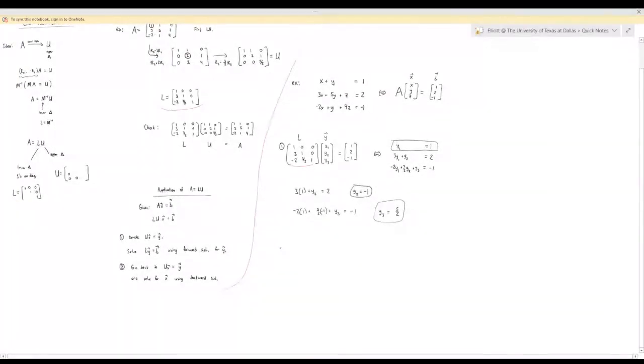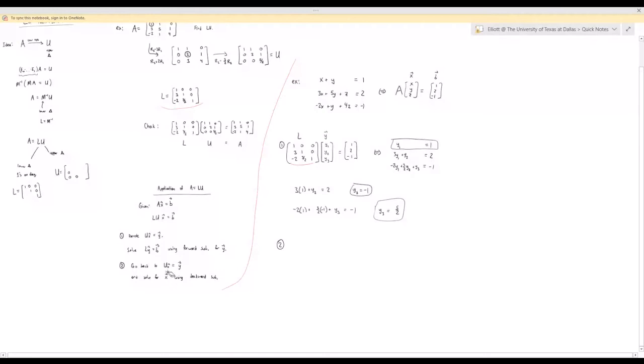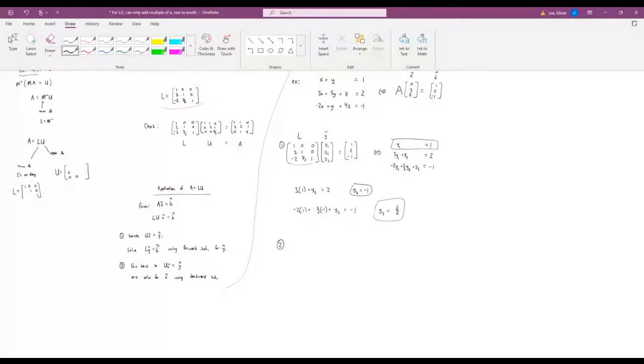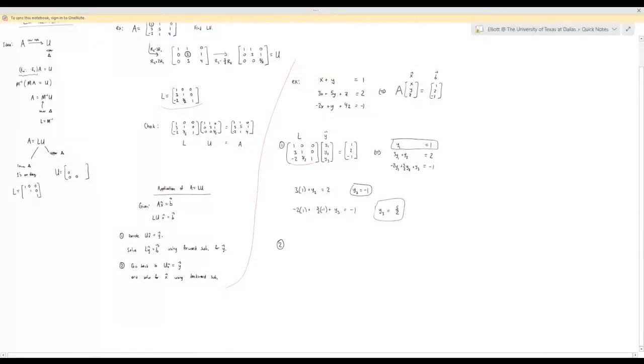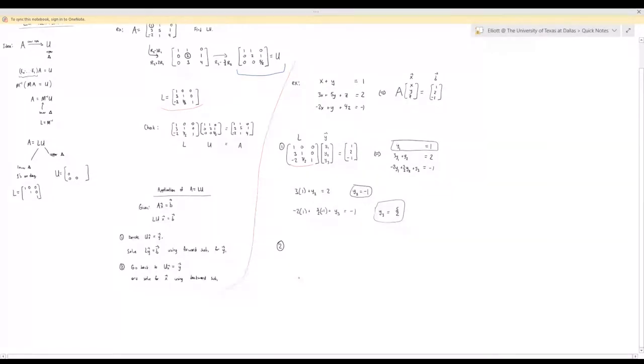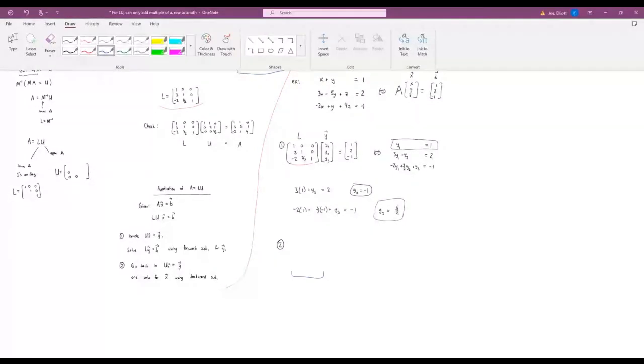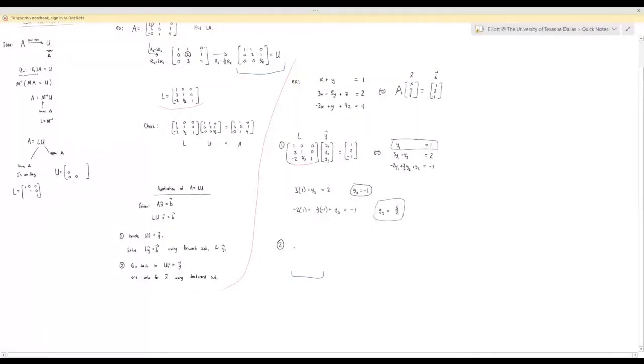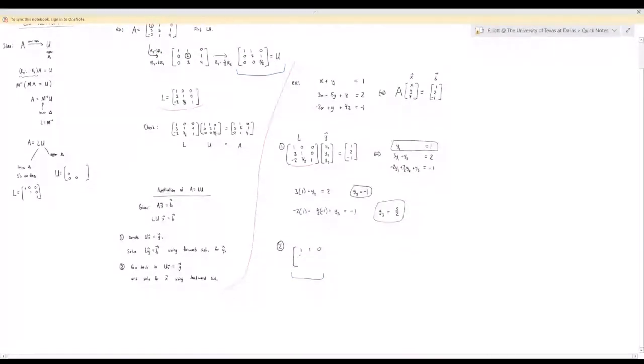Our next step is to create this new system Ux equals y. Here's the matrix U that we found, so I'm going to copy down what we have.